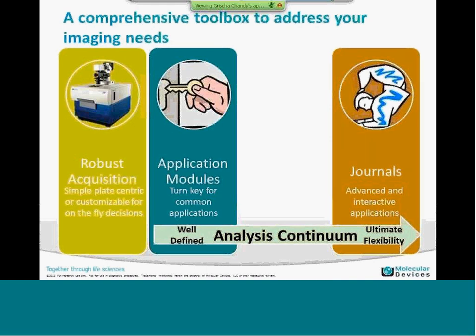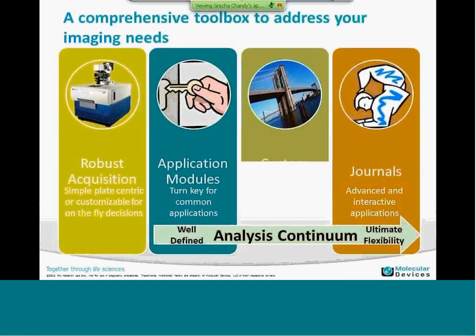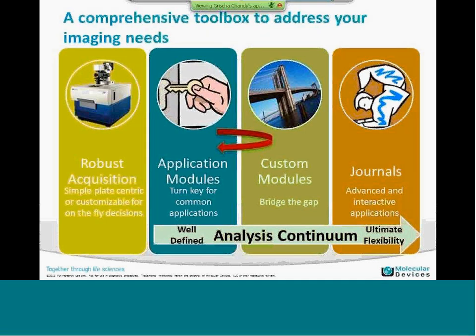There's a bit of a gap between those two extremes, and our new ability to create custom modules will bridge that gap. Once a custom module is created, it allows you to make that a turnkey application. So once it's created, there are very few parameters that need to be altered for that to become a turnkey application.